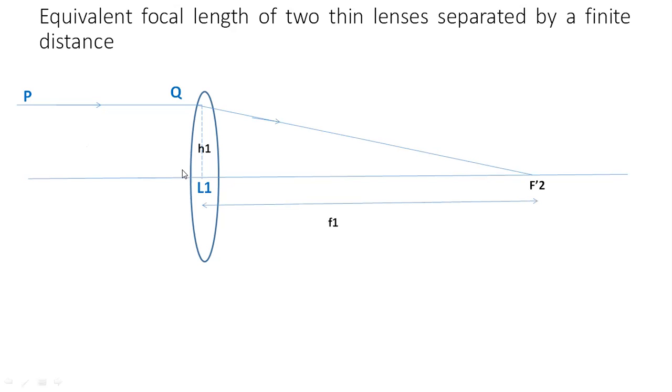Now, due to the presence of the lens L1, the incident light PQ gets refracted along QF2 dash, but in the absence of the lens L1, the incident light PQ travels without any deviation. But due to the presence of the lens L1, the incident light PQ produces a deviation here.